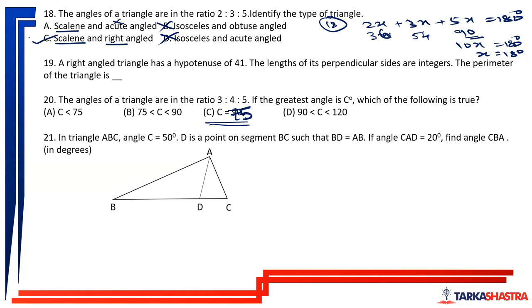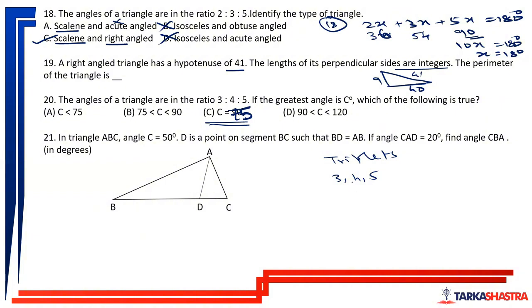Okay. Next, a right angle triangle has hypotenuse of 41. The lengths of its perpendicular sides are integers. And this is true only when the lengths are 9 and 40. And the perimeter of the triangle is? Now, let us try to understand Pythagorean triplets. 3, 4, and 5 is a Pythagorean triplet.